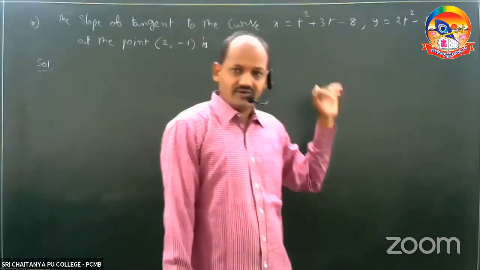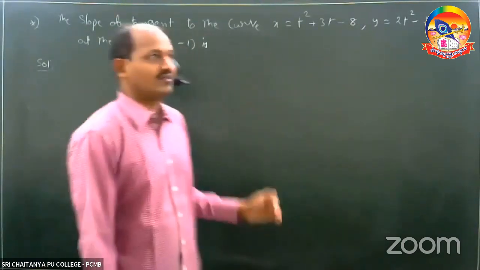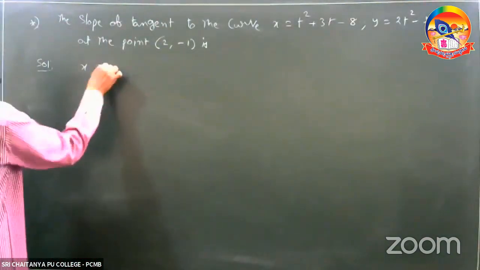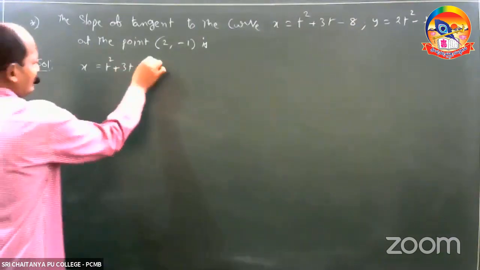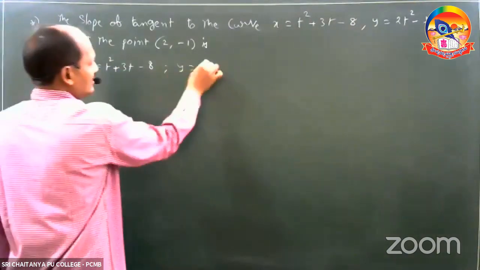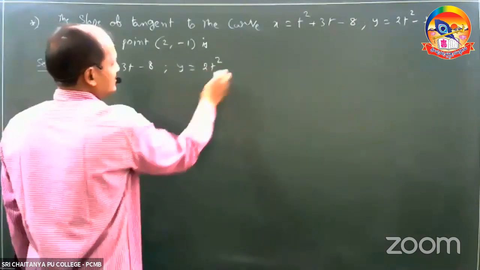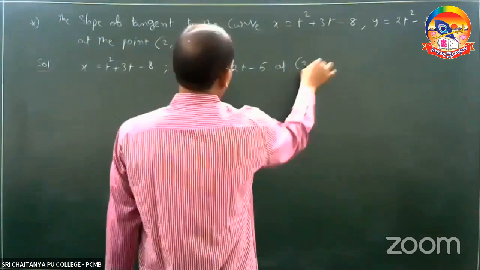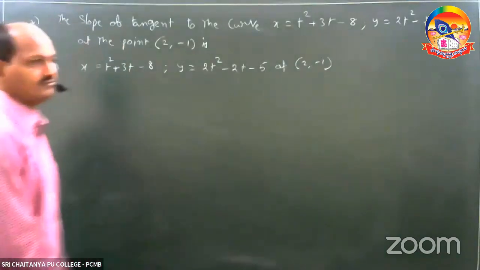So in terms of t, we have to calculate the value of t. Here x is equal to t square plus 3t minus 8, y is equal to 2t square minus 2t minus 5 at (2, minus 1).